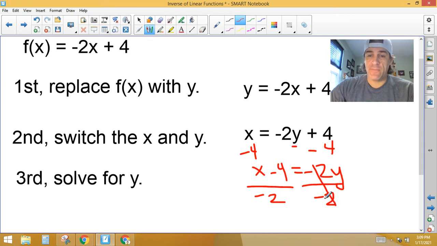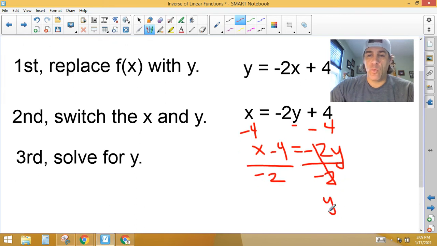That cancels out, and I'm left with y equals x over -2. The coefficient really is a 1 here, so I would make that -1/2 x, and then -4 over -2. The two negatives make a positive, and 4 divided by 2 is 2. So when I solve for y, I get -1/2 x plus 2 equals y.